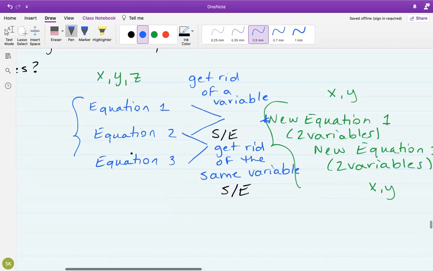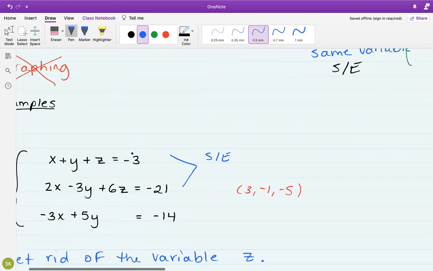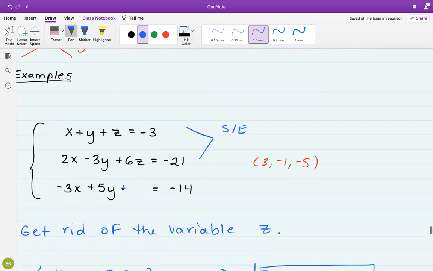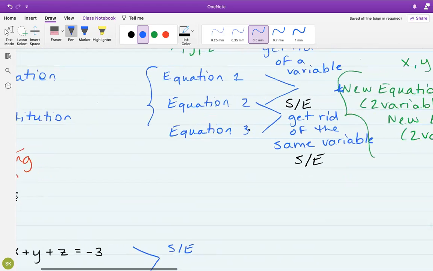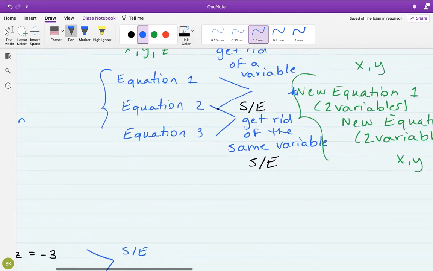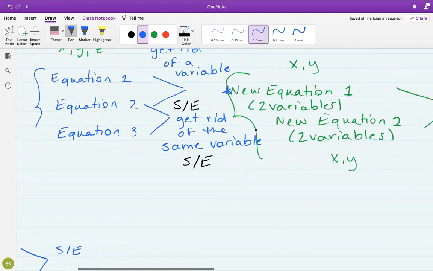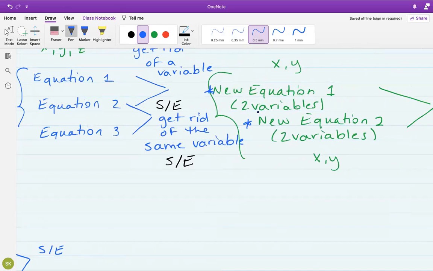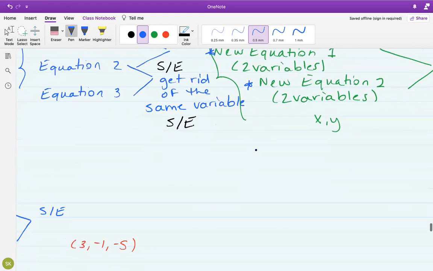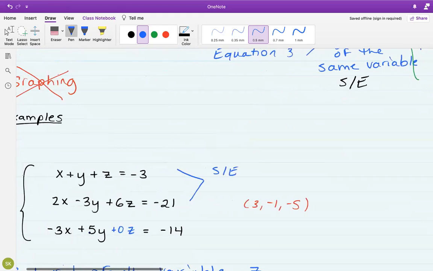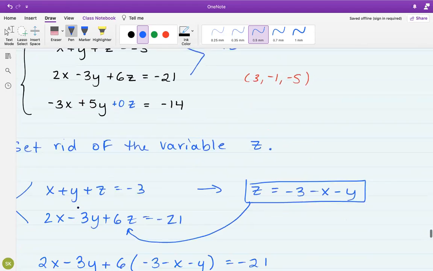Now notice that for our particular problem, there's no z. There's 0 z's here. So this is actually an equation in just x and y. So we actually don't need to combine it with another equation. We just take equation 3 and put that here. That's what we're calling our second new equation, and that one's in two variables. So let's write that equation, which is negative 3x plus 5y is negative 14.